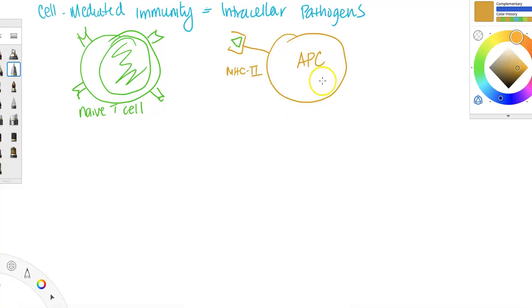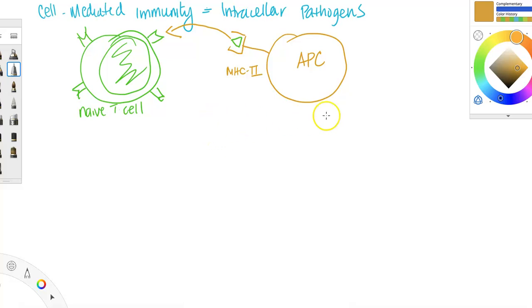So remember, an antigen presenting cell means a macrophage, a dendritic cell, or a B cell. So it will present it, and that's how the T cell sees it to bind, and will bind it to the presenting cell.